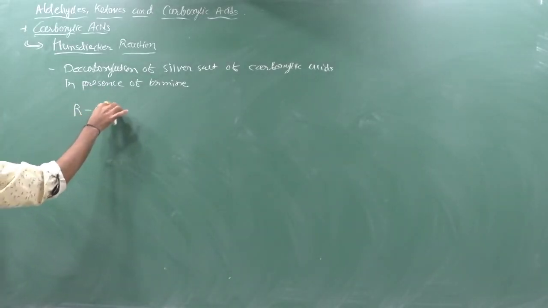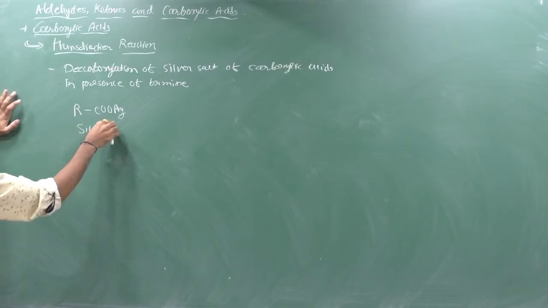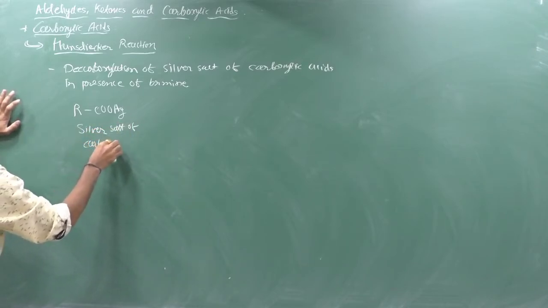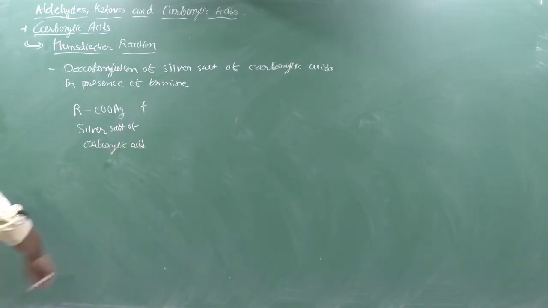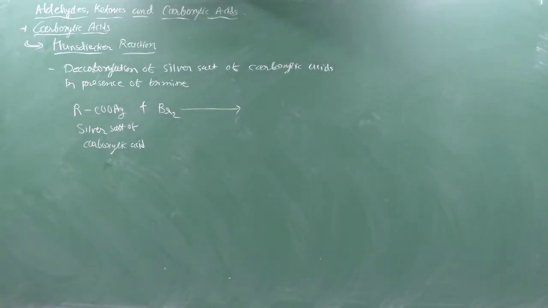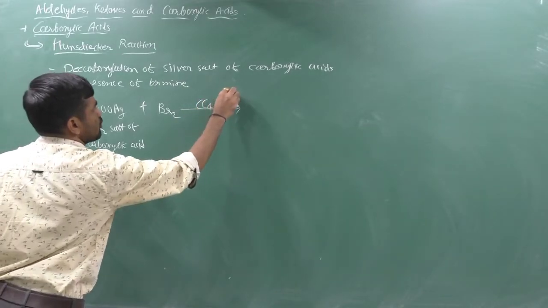Suppose we have the silver salt of a carboxylic acid. We treat it with Br2, bromine, in presence of an inert solvent like CCl4.